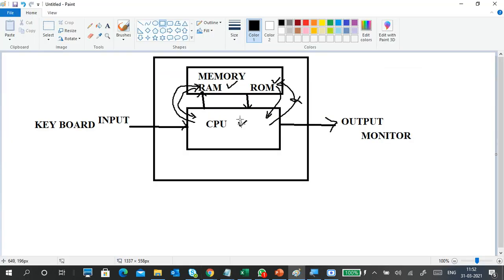If you see the CPU, it has cache on itself. Generally on the side where the primary memories are connected, the cache memory will be there.